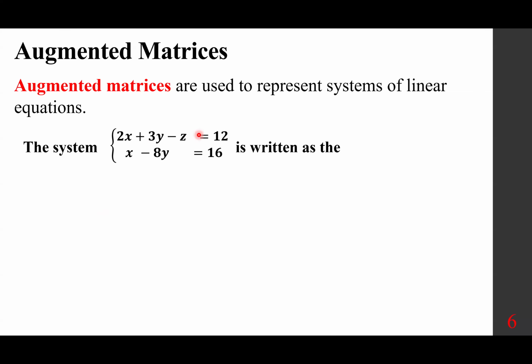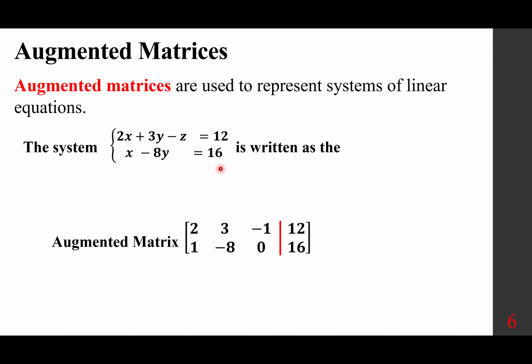This is, by the way, 2 times 1, 2, 3, 4. This part adds one more, so it's 2 by 4. The first column is 2, 1. The second column, 3, minus 8. The third column, minus 1, 0, because there is no z here. And then you have a line, and then 12 and 16.